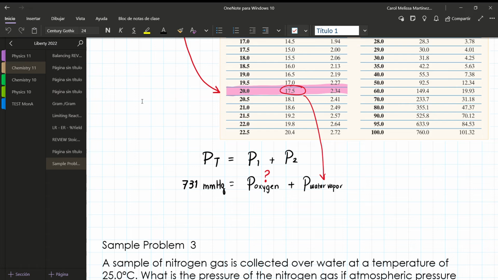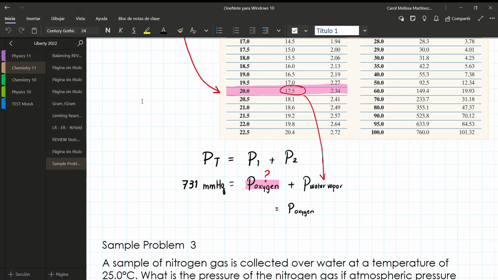Now, I'm going to make substitutions, and of course I will isolate for my oxygen. So, the pressure of my oxygen, therefore, is going to be equal to, okay, water vapor here is adding, so when you move it to the other side of the equation, it's going to be subtracting.